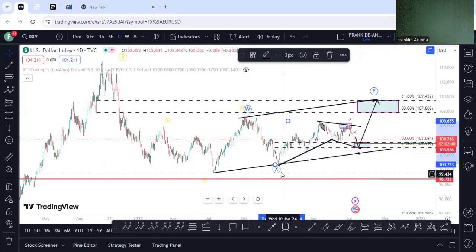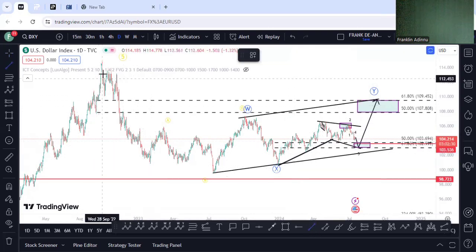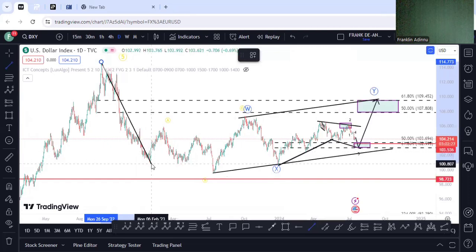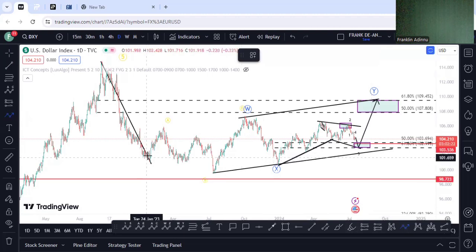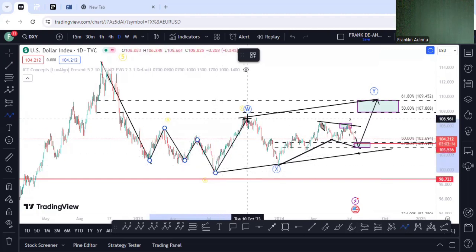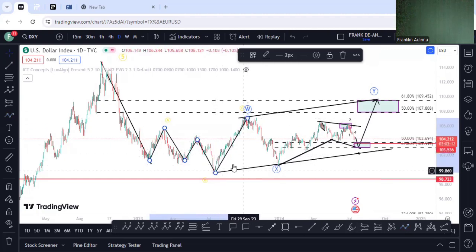This is W, this is X, and this is Y. They have to correct this line. They have not corrected this wave, this impulse that comes from here to here. They have to be corrected. When you look at it, you can see the first correction starting from here, A. This is B, and this is C. That is our W. And this is X, which is in between.